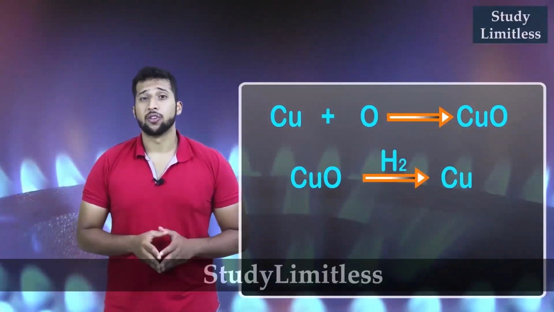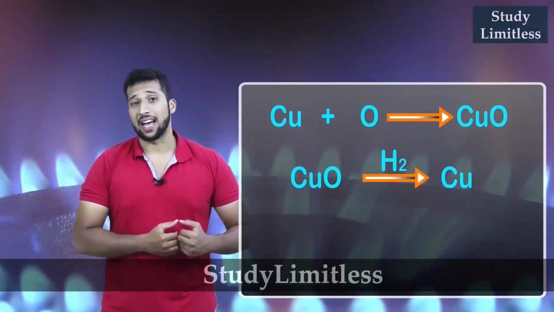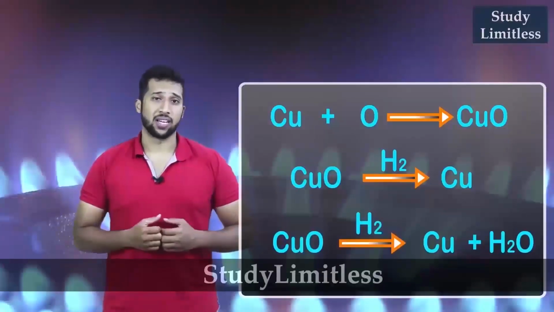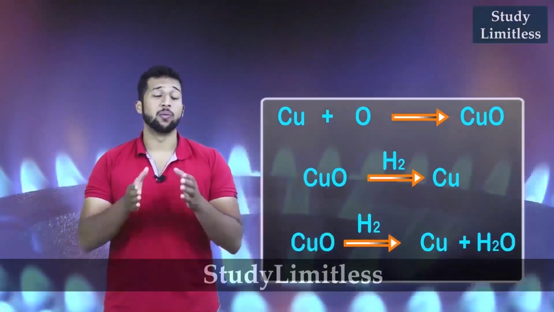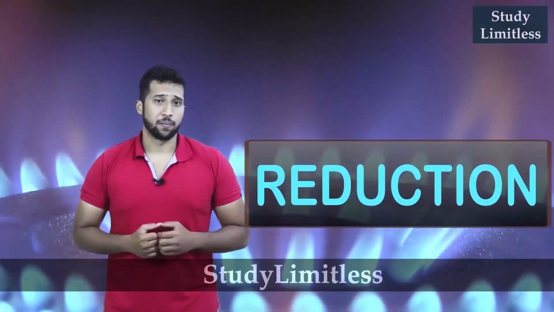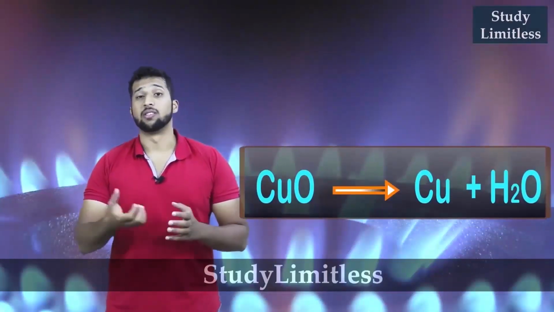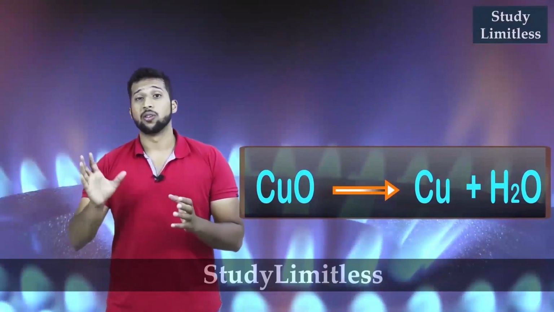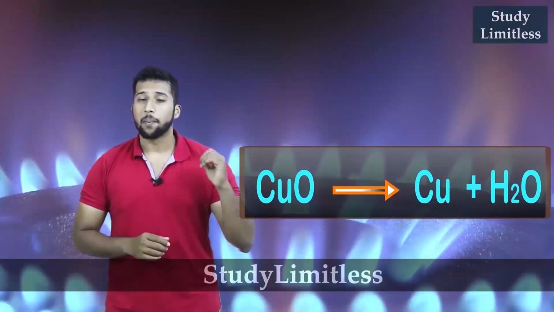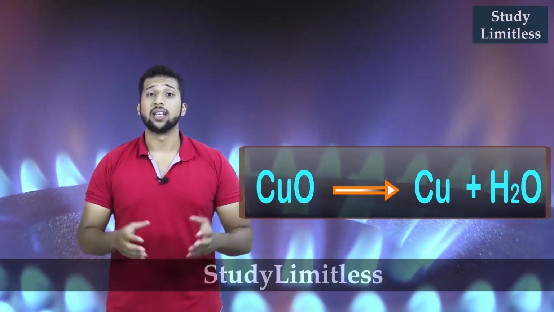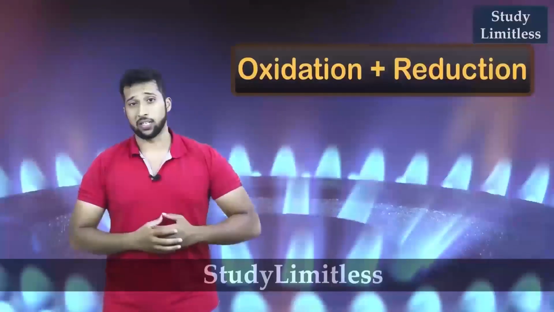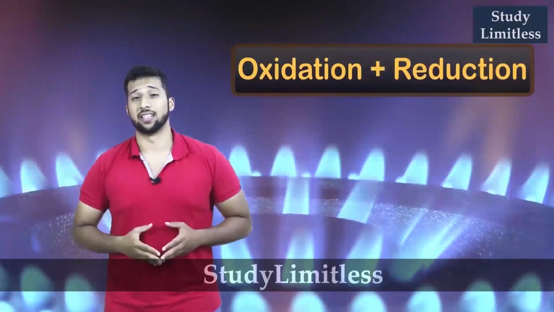In this process, you pass hydrogen gas over copper oxide, and this process would be called as reduction. In this, you have oxygen which is removed, and you have H2O which is formed, plus you have copper in its pure state back.